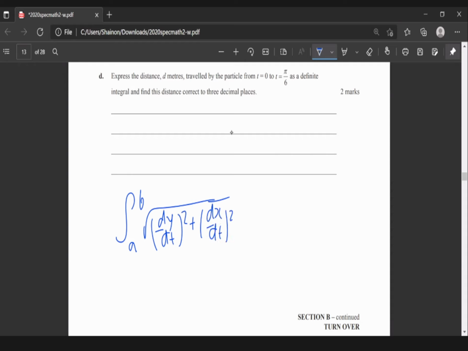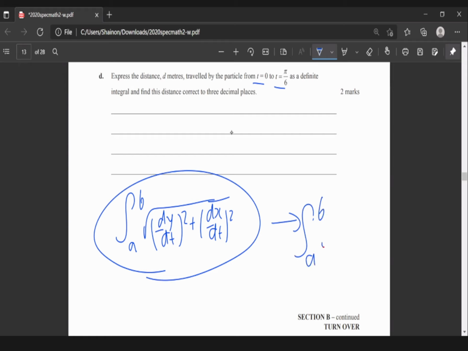Since we know it's from this t to this t value, we have to use this formula and not the other one, which is integral of root 1 plus dy/dx squared, because he could ask you both.